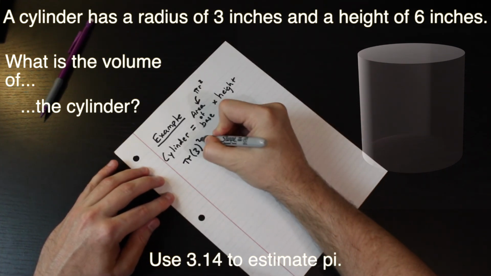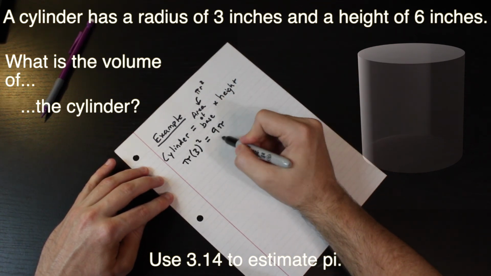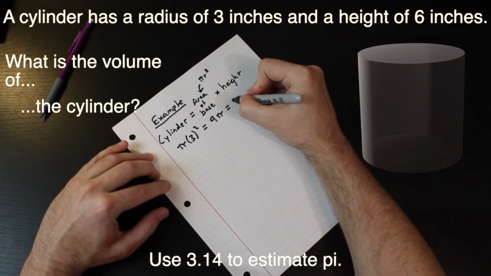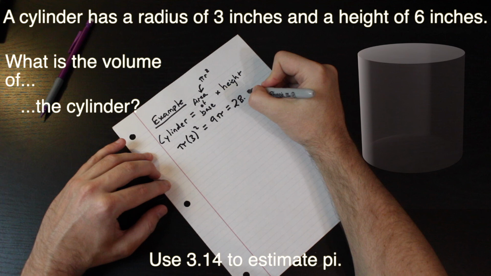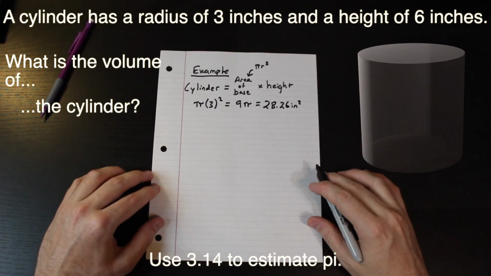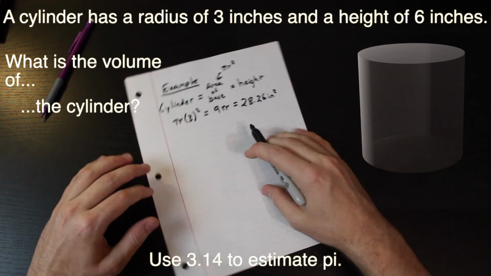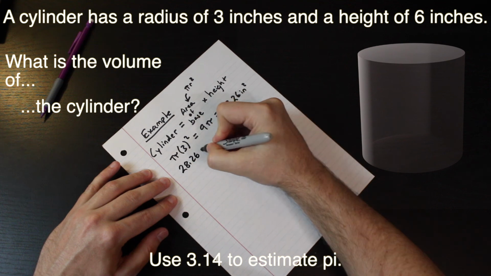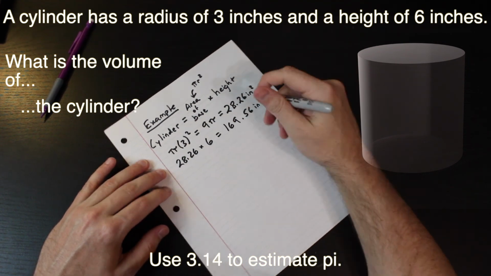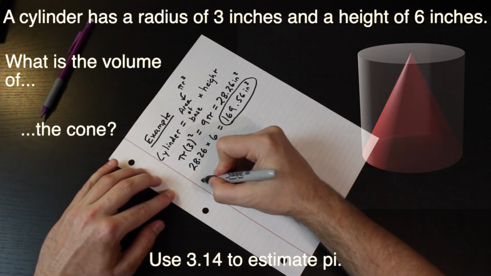So the area of the base will be 3 squared times pi. Multiplying that out gets us 28.26 square inches. Now we need to multiply that by the height, which is 6 inches. That gets us 169.56 cubic inches.